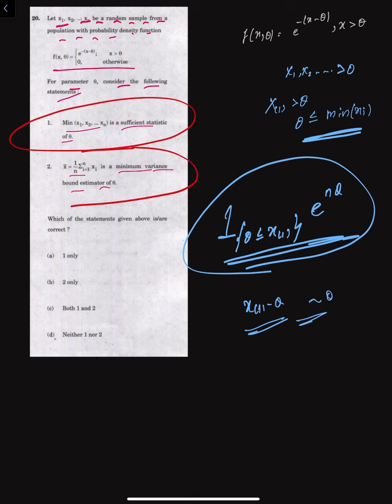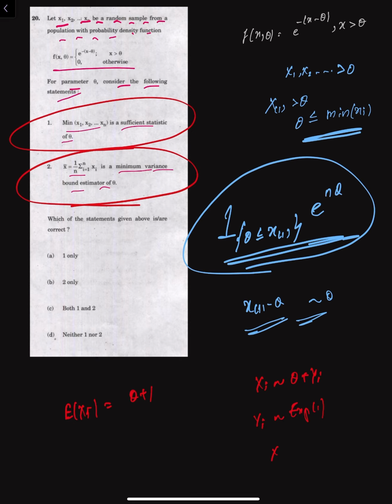Now if we consider the second statement, x bar, which is 1 by n summation xi, is the minimum variance bound estimator of theta. So first we find the expectation of xi. It's a shifted exponential, so that will be theta plus 1, because xi equals theta plus yi, where yi follows exponential 1.